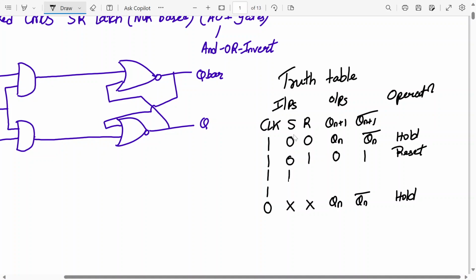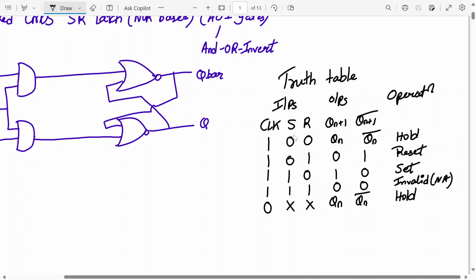Correct. When set is 1, reset is 0, output will be 1 and this will be 0. This operation is set. Then if both are 1 1, then what happens? Output will tend to 0. So what is the state called? Not allowed. Yes, invalid or not allowed. We write invalid or not allowed.